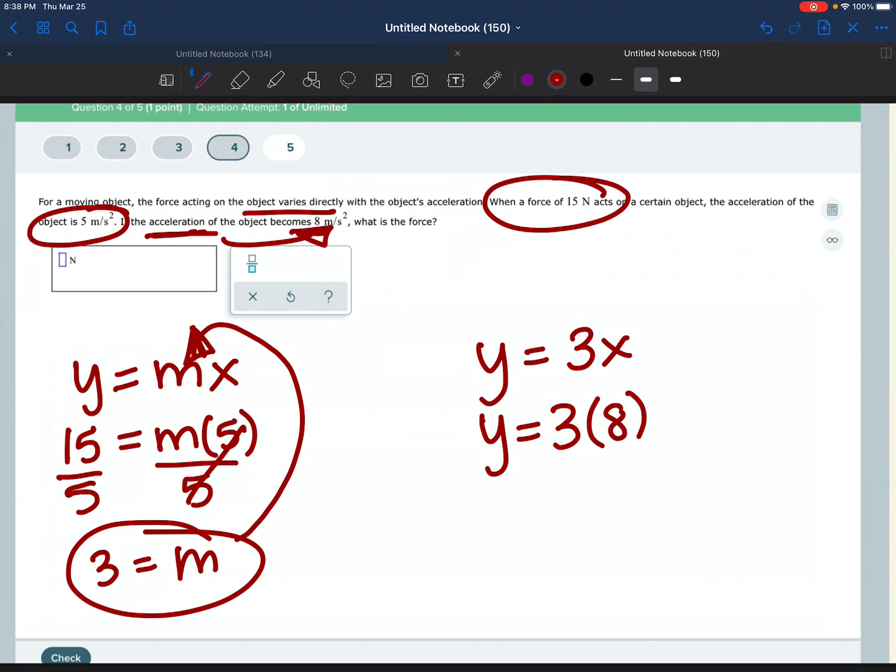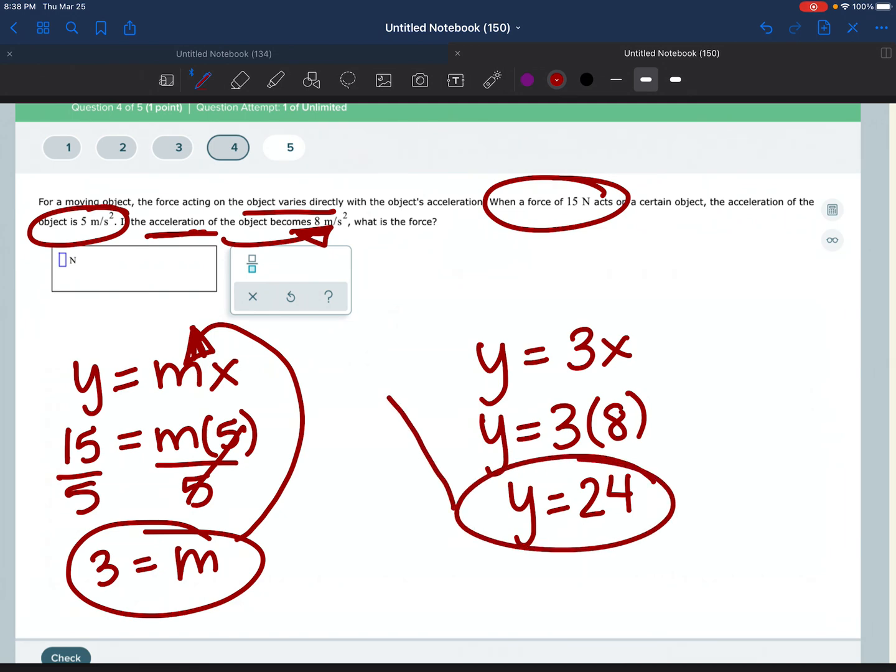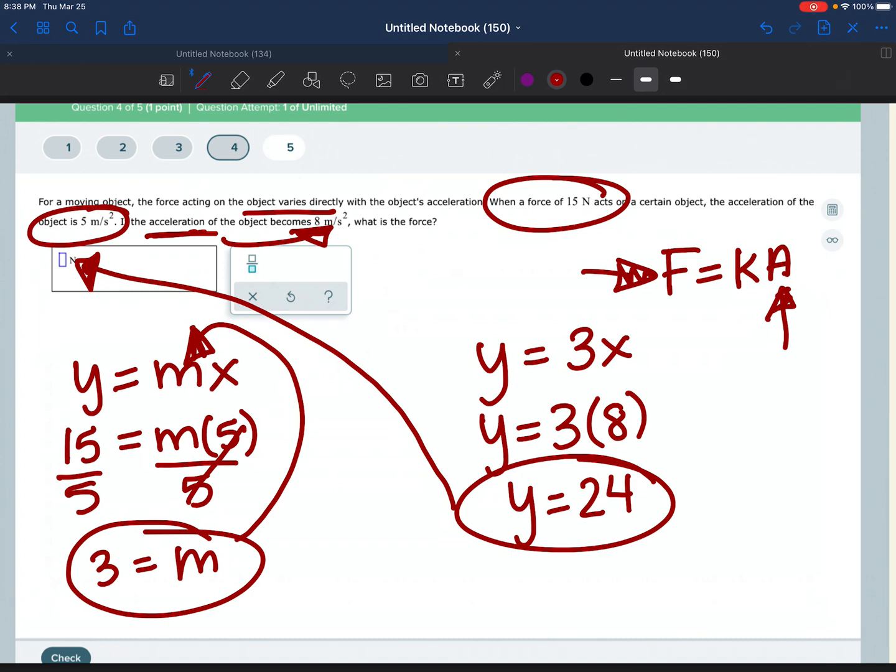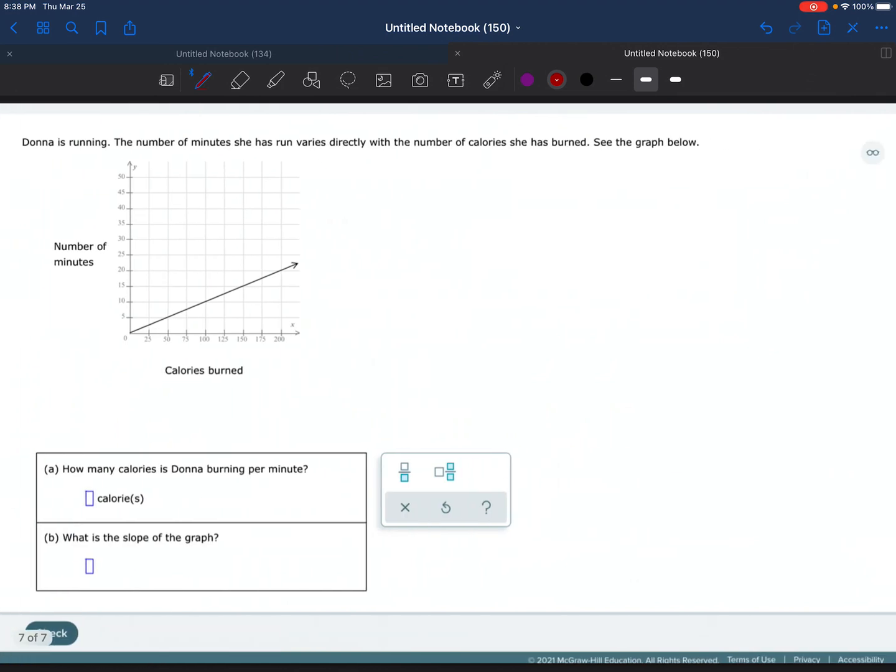So we plug that in for x to get our answer. 3 times 8 is equal to 24. Again, if you prefer to use F equals k times a, plug in force here, plug in acceleration there. You might use that to help you.